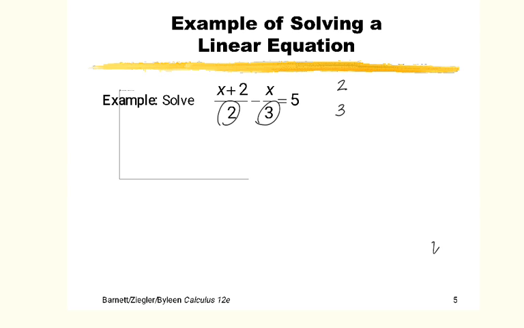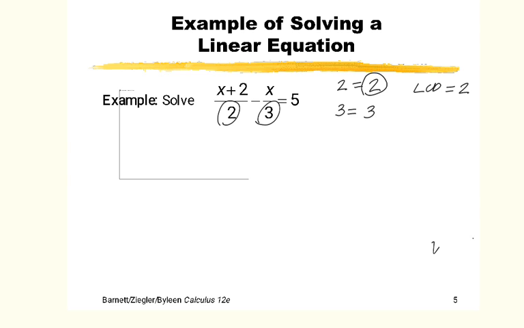Okay, so in this case here, I'm going to write each denominator as a prime factorization, in which case 2 and 3 are already prime. And in order to determine my least common denominator, I'll take every term from the first denominator, and then I'll come down to the second denominator and only include what's missing.